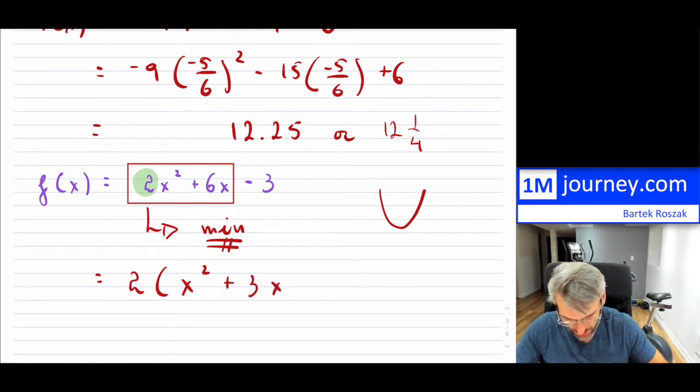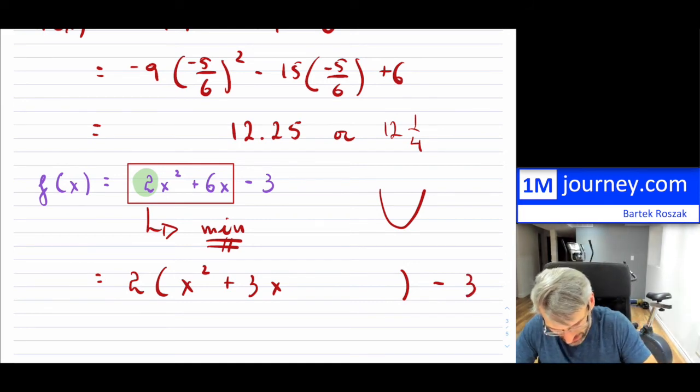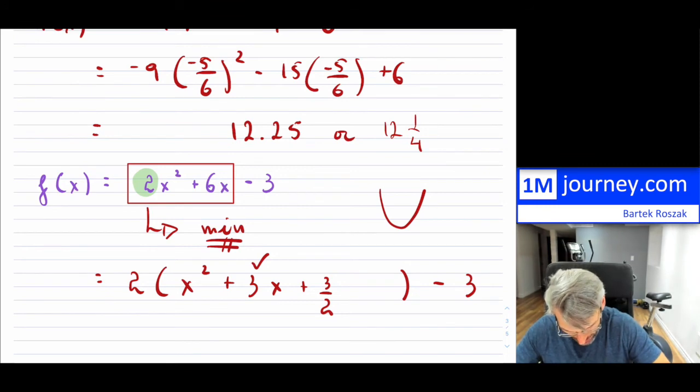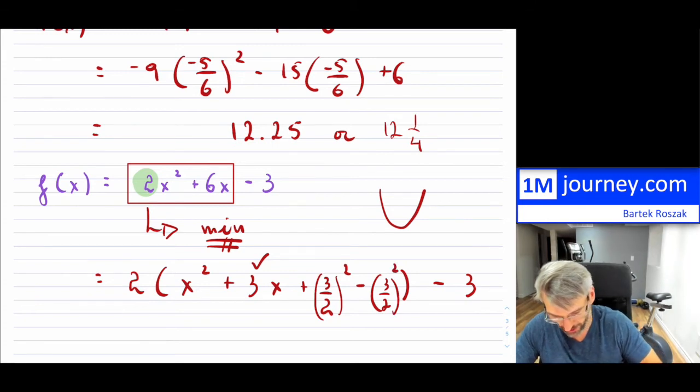The -3 is going to be towards the end there. To complete the square, we take our value for 3, divide it by 2, and then square it. Then we have to subtract. So we add and subtract, so that's the completing the square.